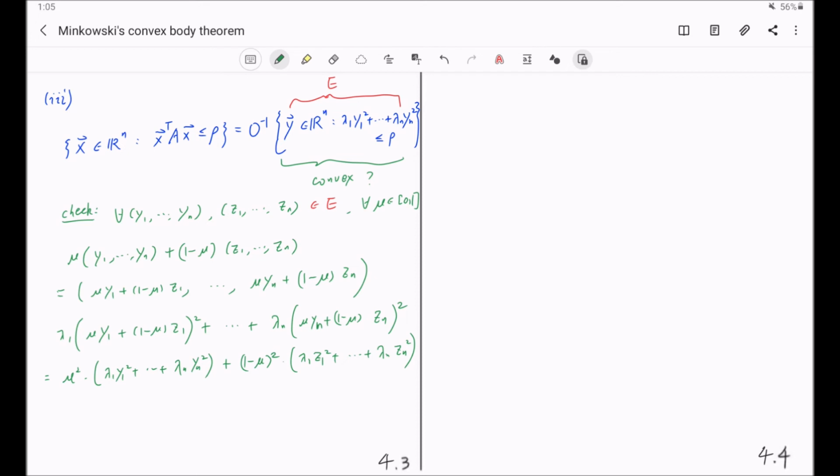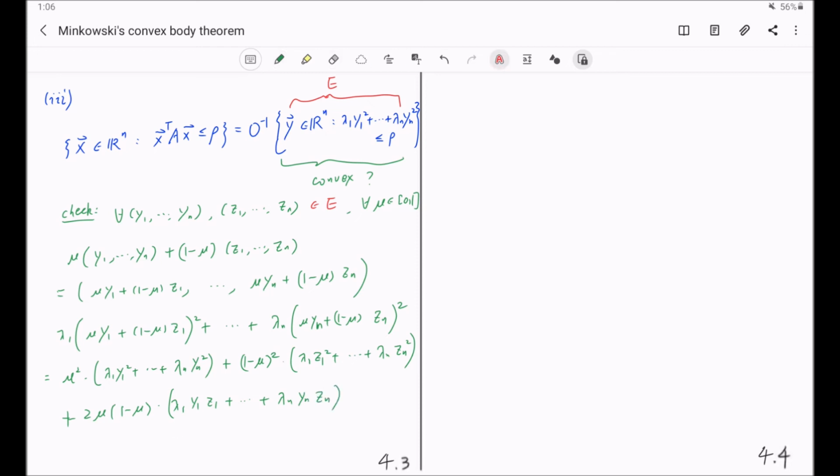And the one in the middle will be 2 mu times (1 minus mu) times (lambda 1 y1 z1 plus ... plus lambda n yn zn).